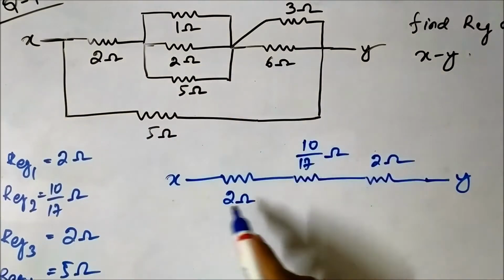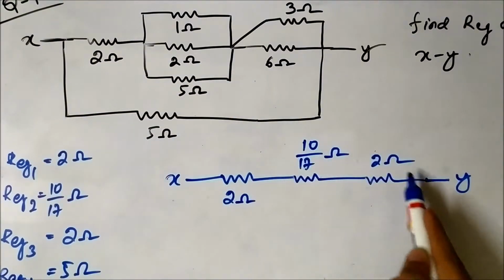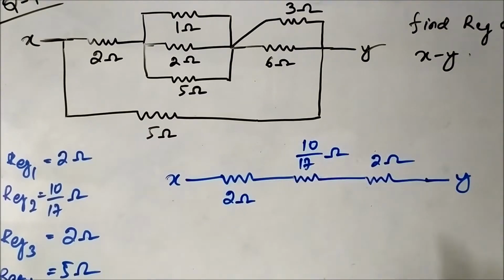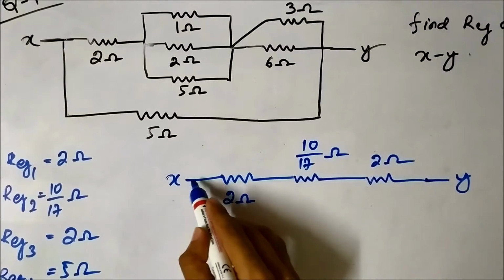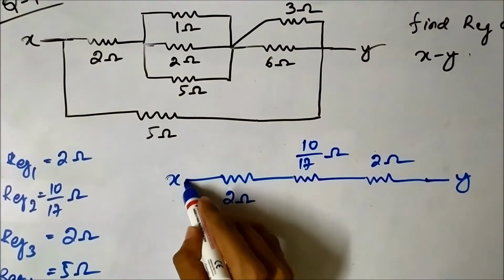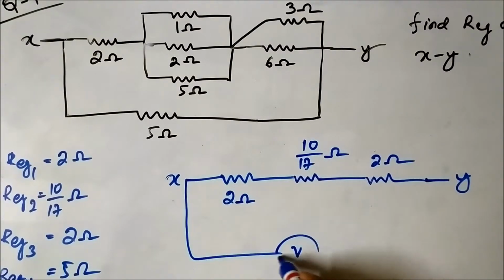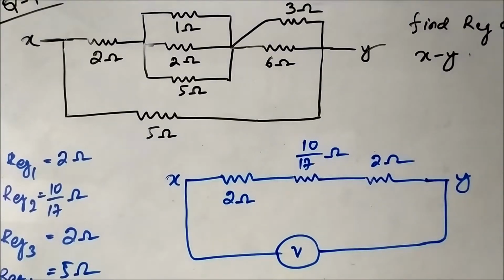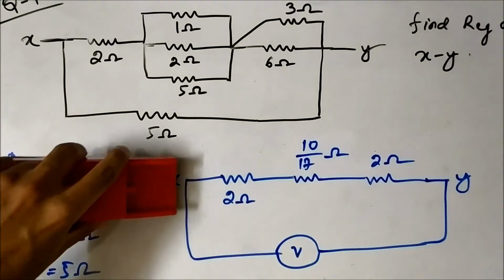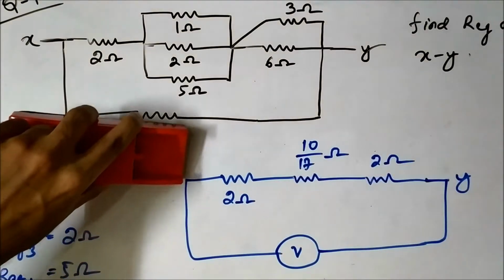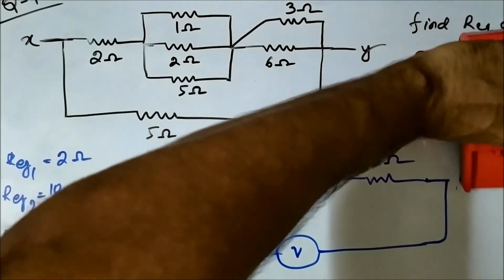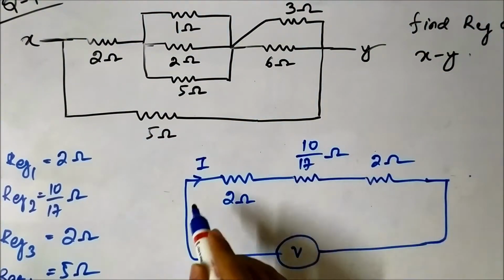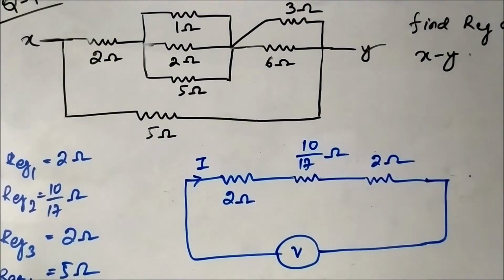Now these 3 are in series. You can see these 3 are in series. Why? Because if we connect them across a voltage source, let's say we connect them across a voltage source, now just forget about this X and Y thing, the same current I will flow through each of the 3 resistances.